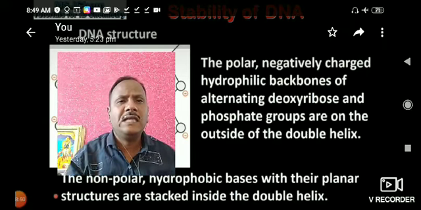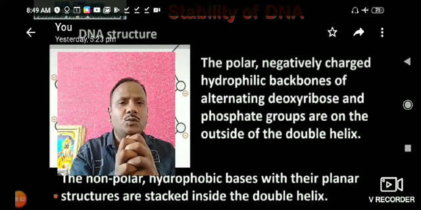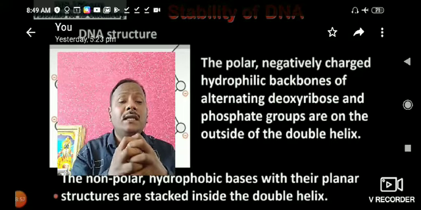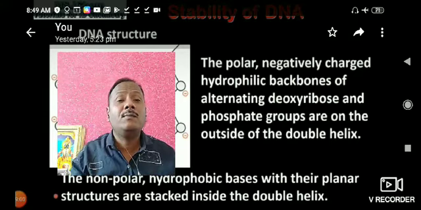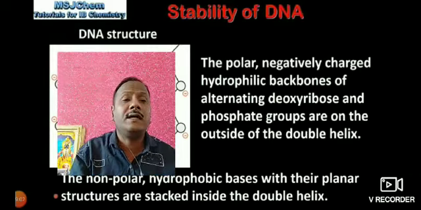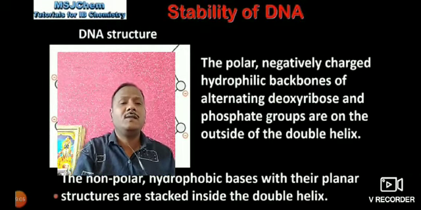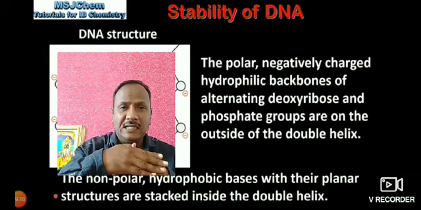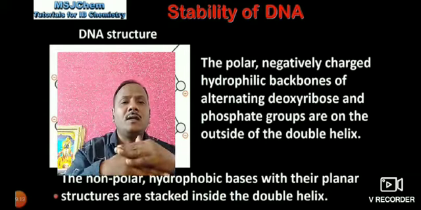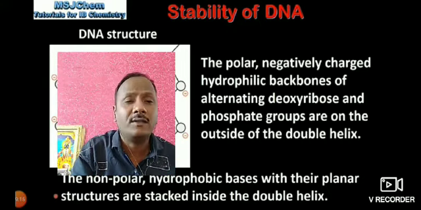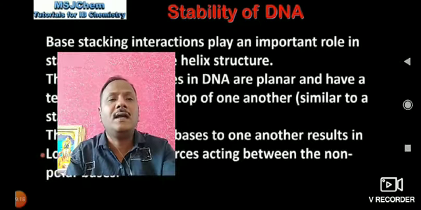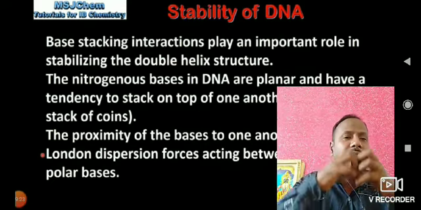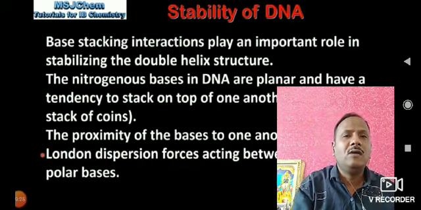Non-polar means there are equal ionic charges between the two nitrogen bases, and polar means there are unequal charges, because of the presence of two different kinds of structures. The nitrogen bases in the DNA are present one above another just like a stack of coins, and they are equal because a double ring structure always pairs with a single ring structure. Likewise they are pairing, that's why they are equal.